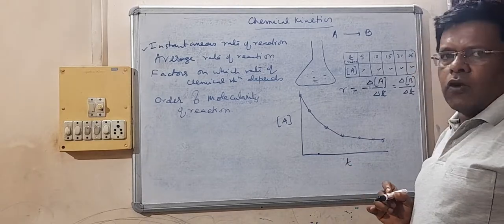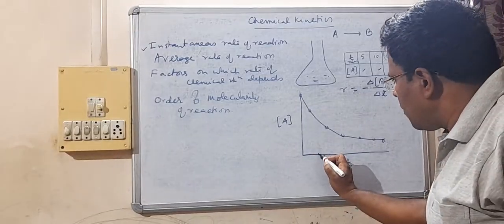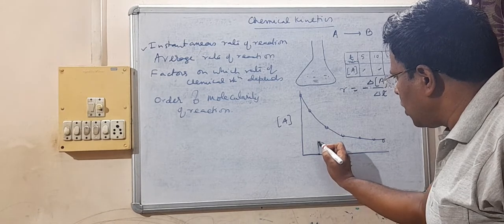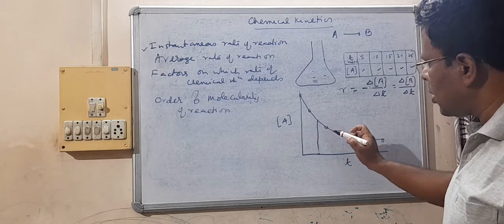At this point of time, what is the rate of this reaction? So what we do, we draw a perpendicular line. This line is meeting the curve.